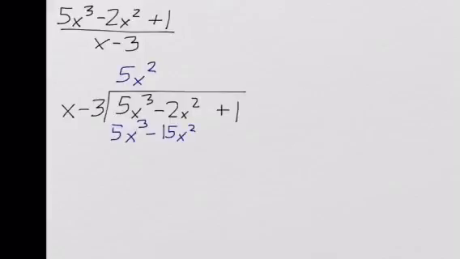And then we want to subtract that off, so I'm going to change all of the signs so I can make it addition instead of subtraction. So I now have 13x squared plus 1. Again, I will divide my leading term, so 13x squared divided by x is going to be 13x.